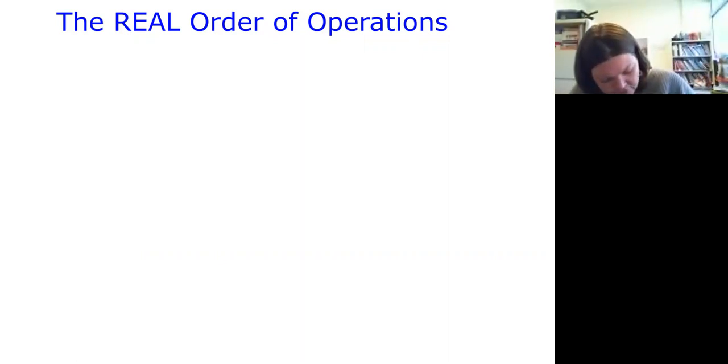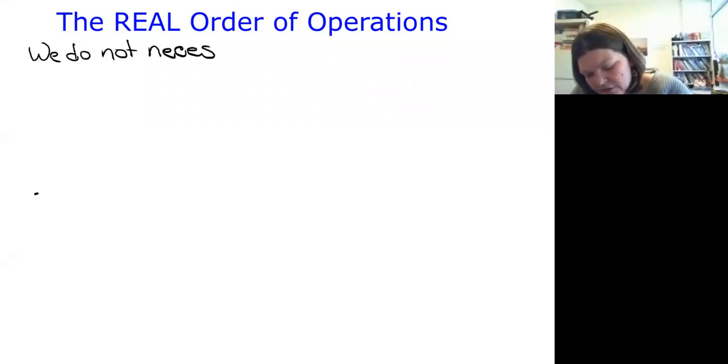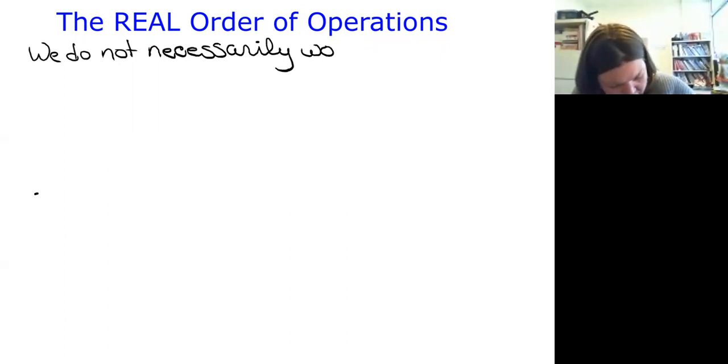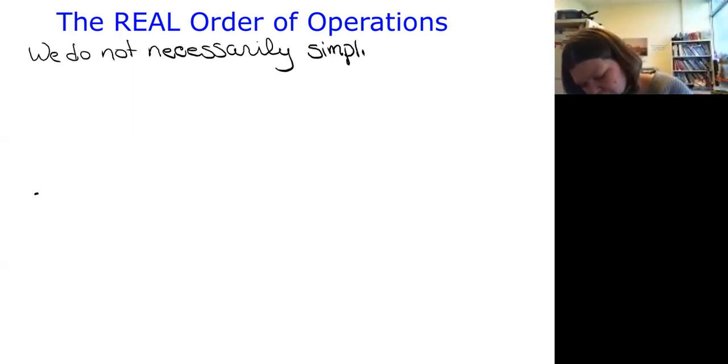The first thing that we are going to need to recognize is that in the world of math, it's a little different than the world of reading because we do not necessarily work math problems from left to right. In fact, instead of saying work math problems, which is a generic way of saying this, I am going to say simplify, which is what you guys are usually referring to.